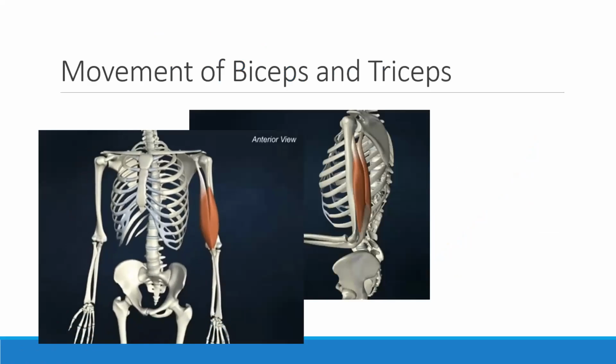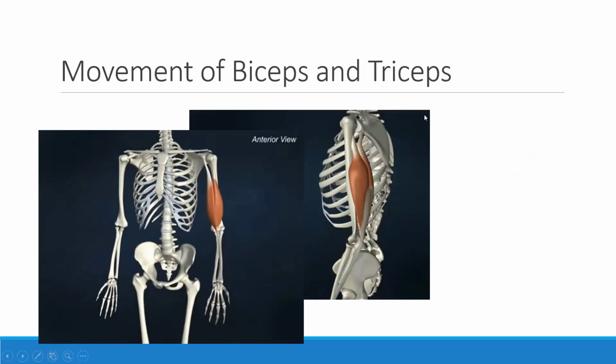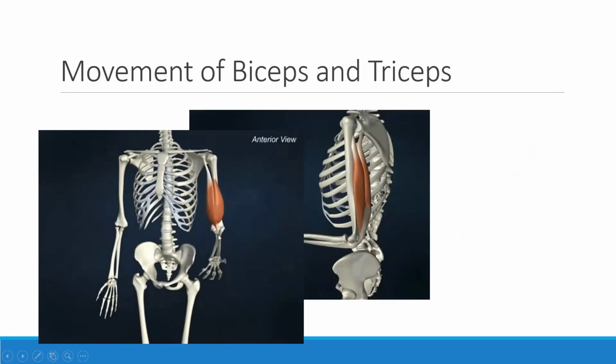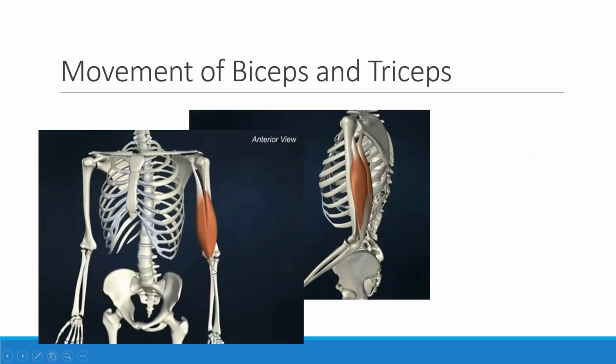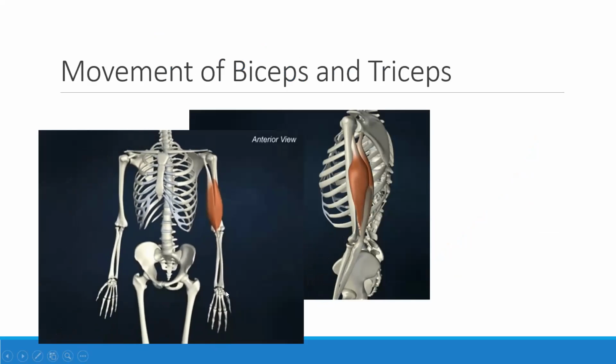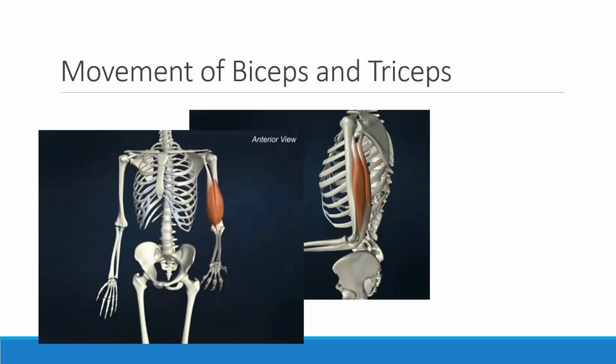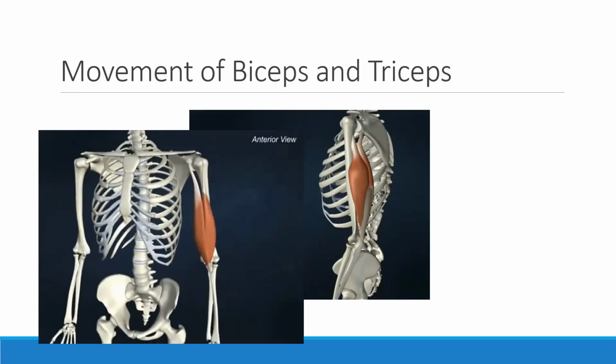We see this in this animation here. Here we see flexing of the arm. We can see the biceps brachii here. It inserts on the radial tuberosity right here. When this contracts, it causes the arm to flex, and we decrease the angle at the elbow.